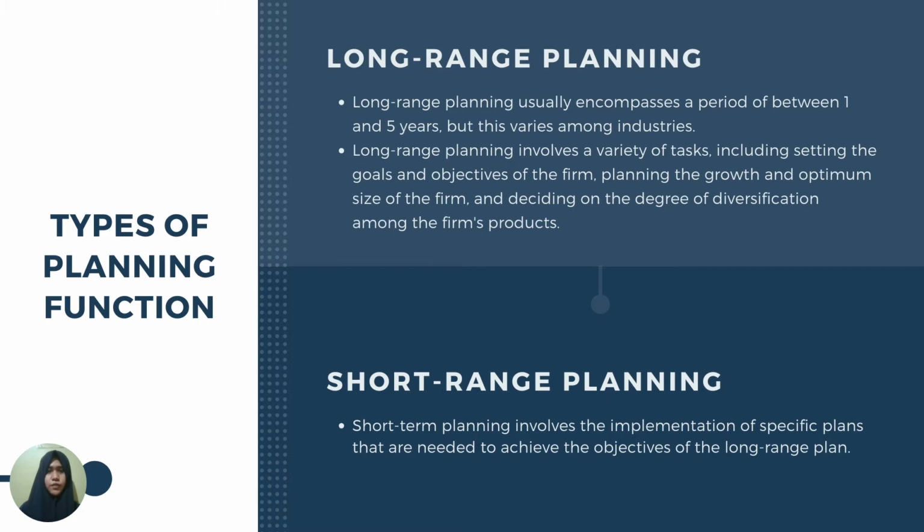So it involves a variety of tasks, including setting the goals and objectives of the firm, planning the growth and optimum size of the firm, and deciding on the degree of diversification among the firm's products. Short-range planning usually involves the implementation of specific plans that are needed to achieve the objectives of the long-range plan.